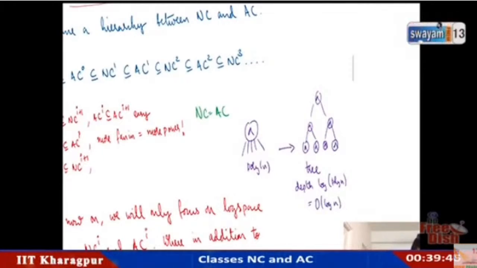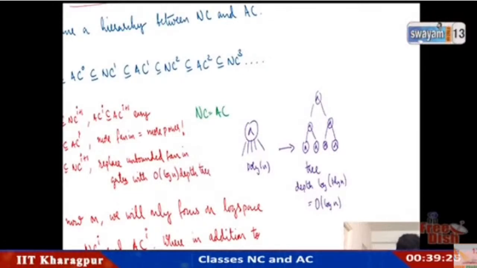So by replacing unbounded fan-in gates with O(log n) depth trees, the polynomial size remains polynomial size because log n doesn't change that, but there is a depth blow up of log n.